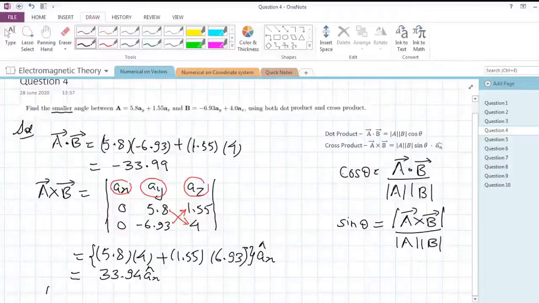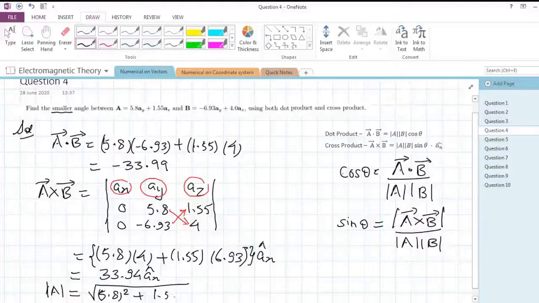We need the magnitudes of both A and B in both the cases. So finding the magnitude of A, you will have to find the square root of the square of 5.8 plus the square of 1.55, and the answer will be approximately 6. It will come 36 point something, and we'll write it approximately 6.